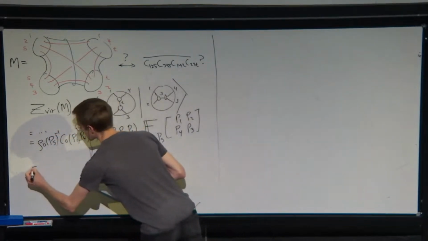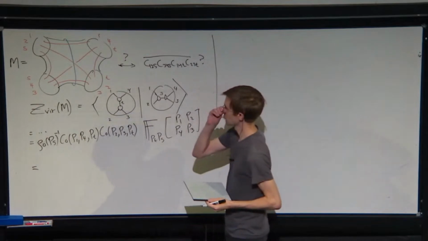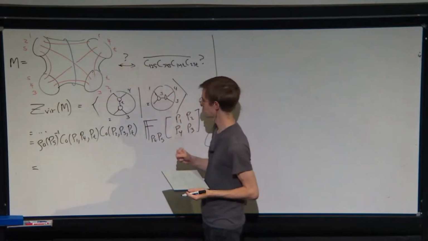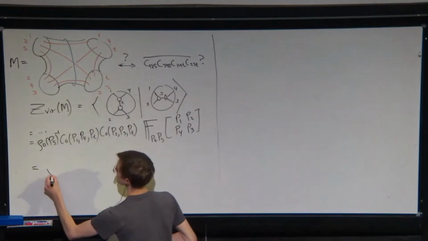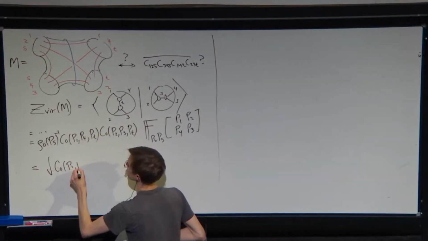And you can actually simplify this expression somewhat. You see the bulk topology has some tetrahedral symmetry, which is completely obscured by this representation. But you can rewrite it in a more symmetric looking form.